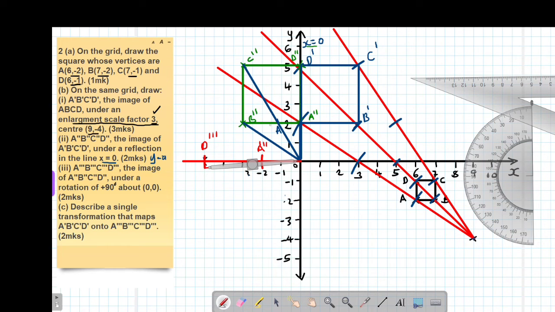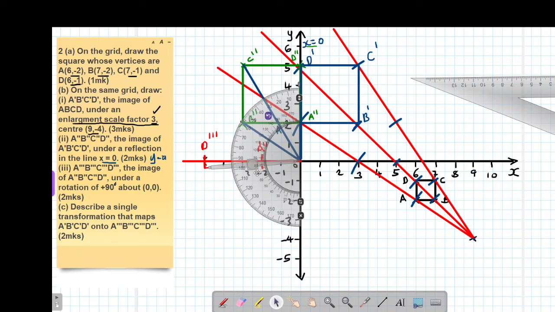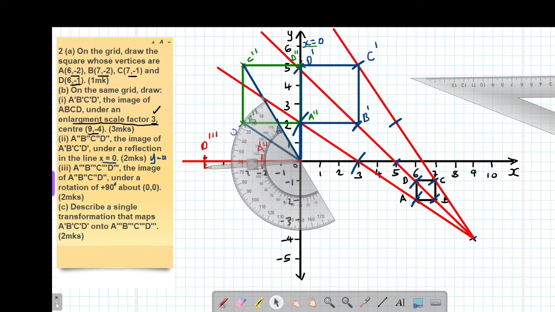Then we move to point C. For point C, I'm going to use my protractor. I align it to the center of rotation. Then I align my protractor such that it is in line with the line that is going to meet the point C, this way. Then where we have 90 degrees, I'm going to draw a line from the center through the 90 degrees this way.